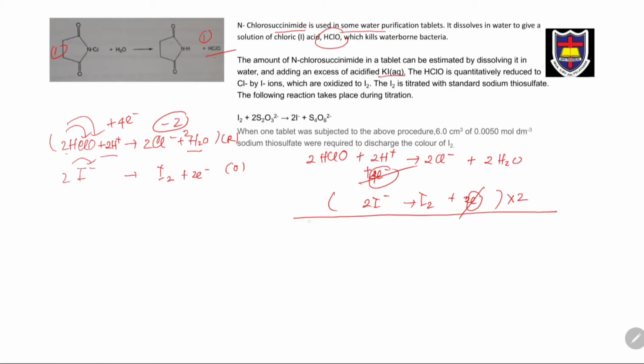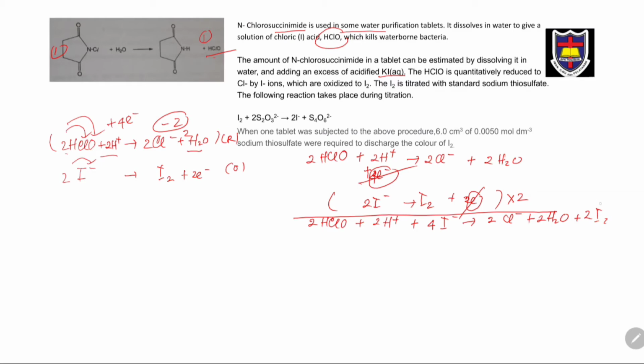So we have the equation 2HClO plus 2H plus plus 4I minus to be 2Cl minus plus 2H2O plus 2I2.